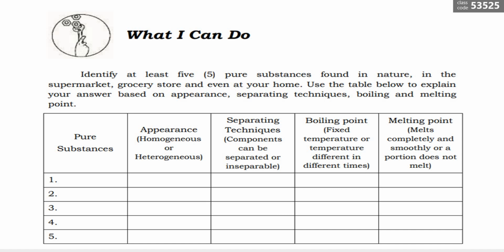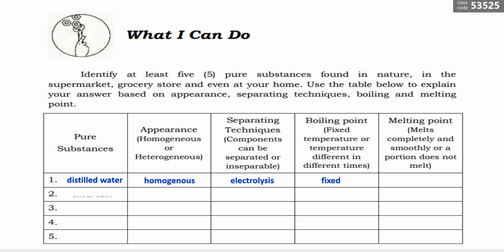Okay, let's try the number 1 sample. Pure substance: distilled water. What's its appearance? Yes, it's homogeneous. Very good. What is the technique to separate the components? We have electrolysis. Very good. Boiling point? Fixed. So it is only 100 degrees Celsius.